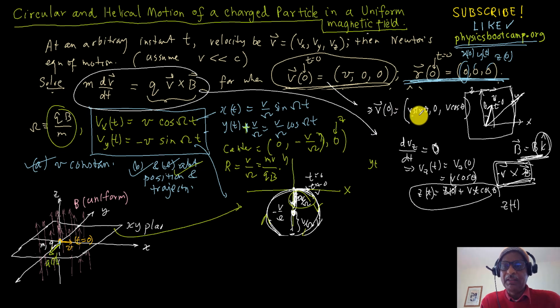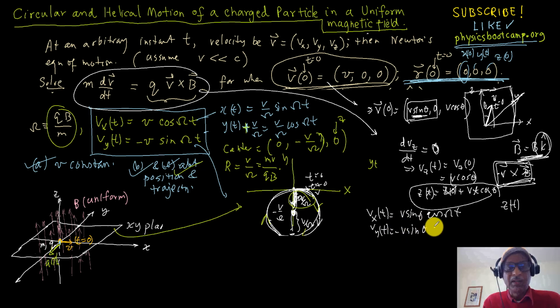And how about the other things? Well, as far as the xy plane is concerned, instead of all this V, we have a V sine theta. So all of this formula will be exactly identical. We'll have Vx of t be V sine theta cosine omega t. Vy of t will simply be V sine theta minus V sine theta sine omega t.